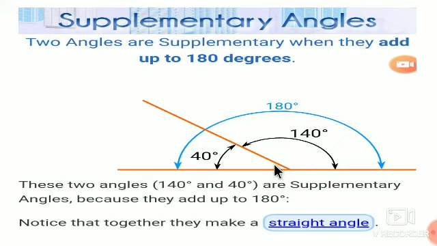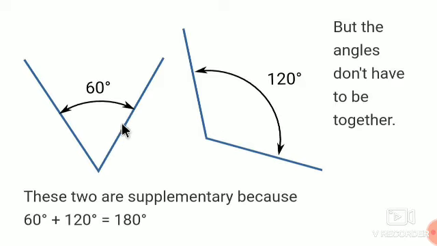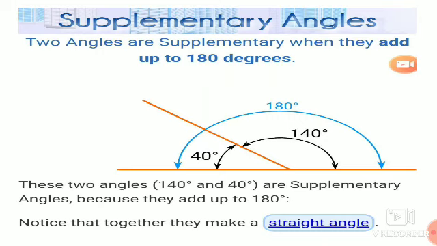In this figure also, these two angles are adjacent angles, and here these two angles are separate angles, but their sum is again 180 degrees. So these two angles are also supplementary angles and these two adjacent angles are also supplementary angles. Here what is important? Only the sum should be 180 degrees.